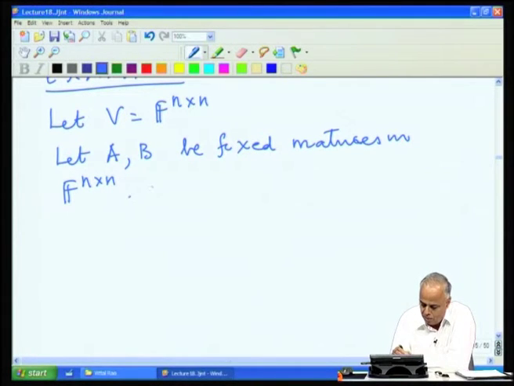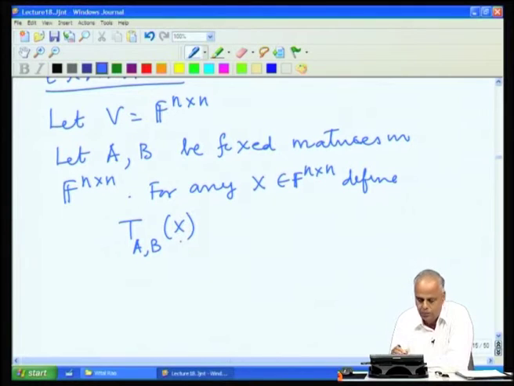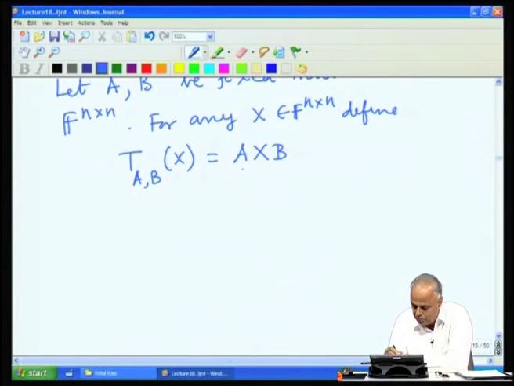Okay. So, for any x in Fn cross n, define TAB of x to be, use A for pre-multiplying and B for post-multiplication, with x in between. First of all, you observe that everything is an n by n matrix.